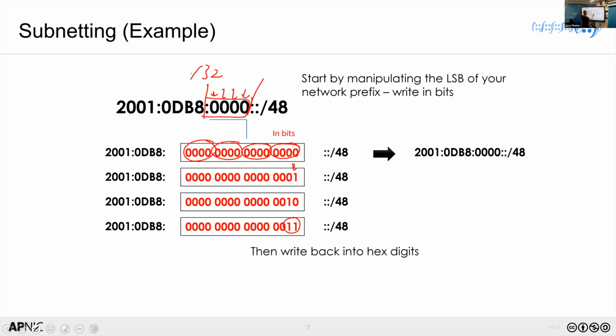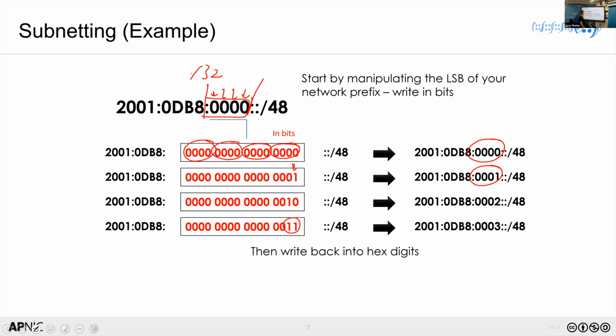So our first one is 0, 0, 0, 0. Our next one is 0, 0, 0, 1, 0, 0, 0, 2, and 0, 0, 0, 3. So that is a pretty easy example for you to get an idea of how we actually calculate those addresses.